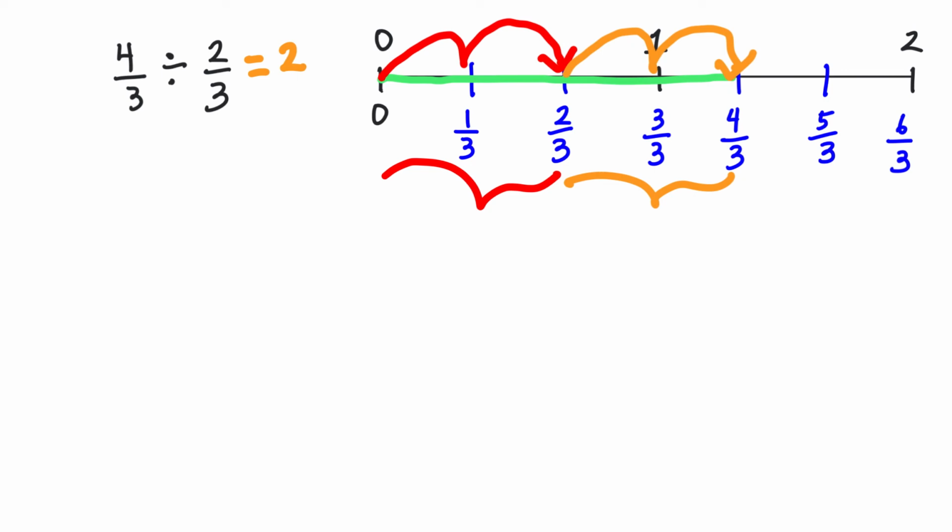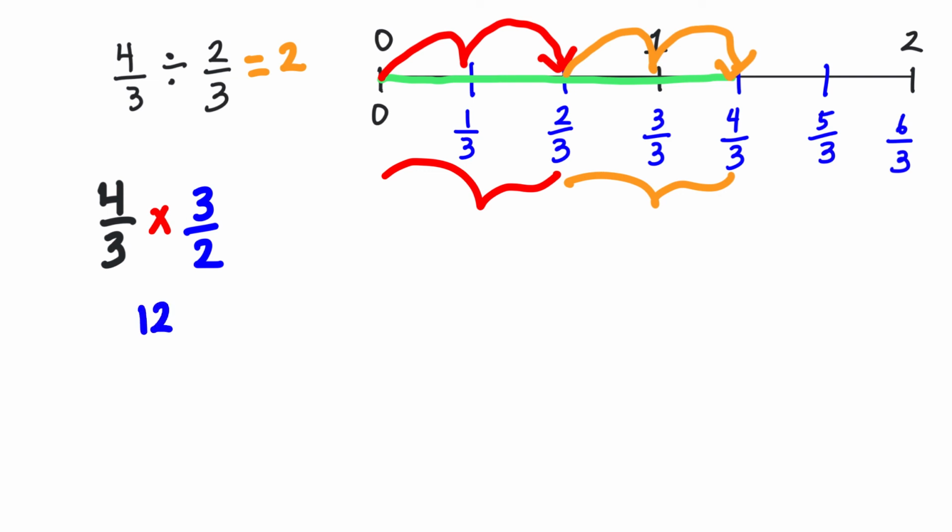Mathematically, or using numerical representation, we say 4/3, we keep the same. The division, we make it to multiplication. Then 2/3, we make the reciprocal, or flip the numbers around, 3/2. Then we just multiply 4 times 3.